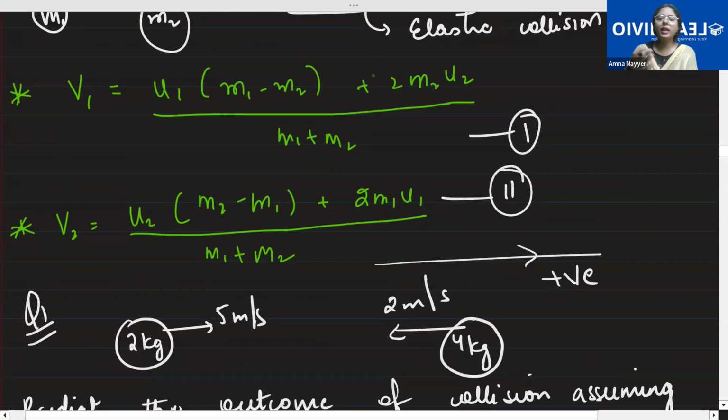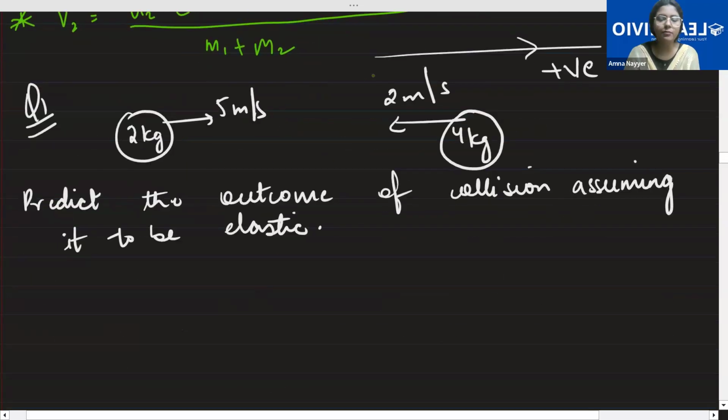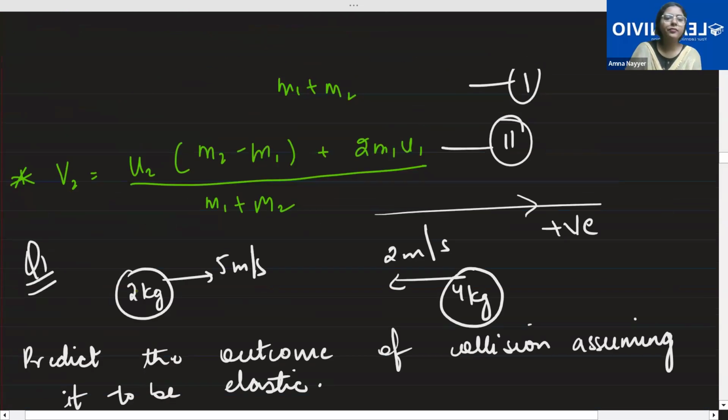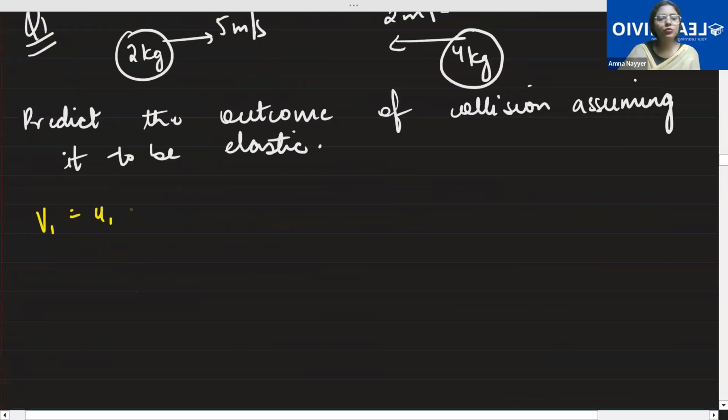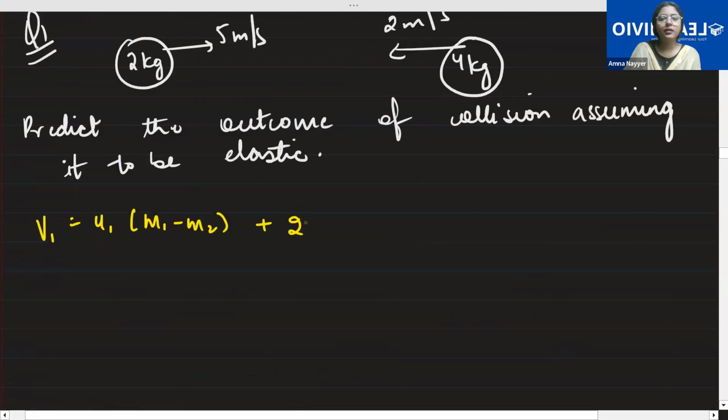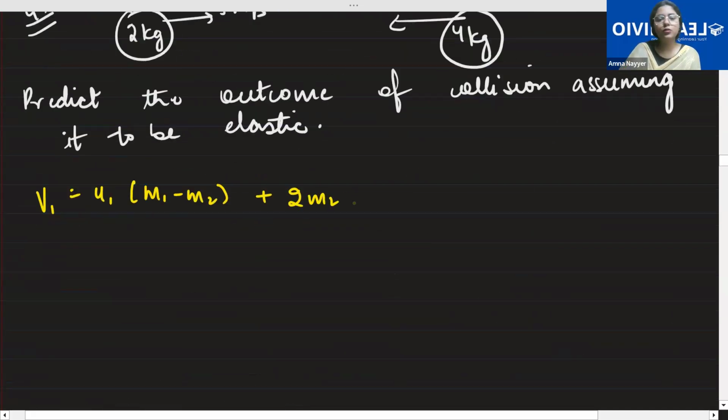V1 is equal to U1 times (M1 minus M2) plus 2 M2 U2, divided by M1 plus M2.